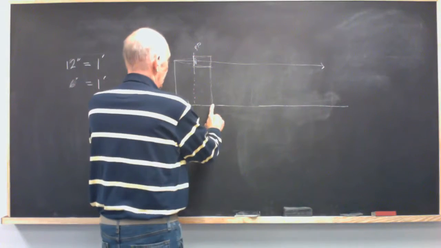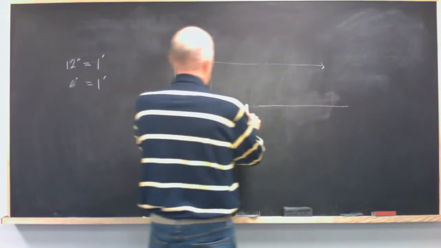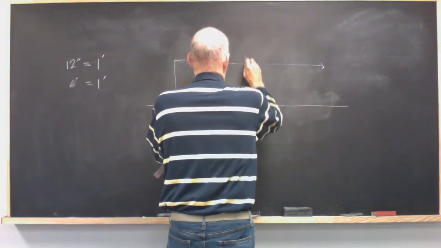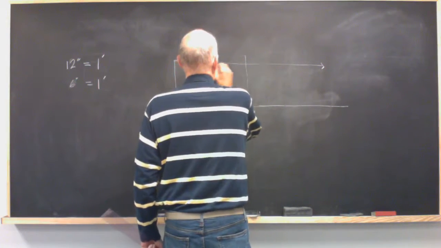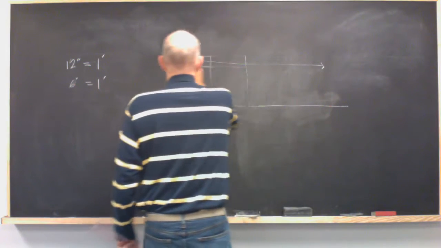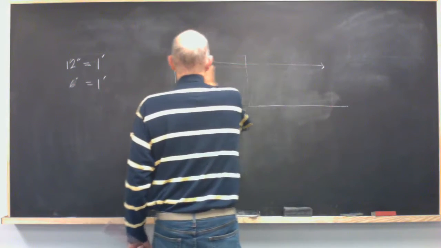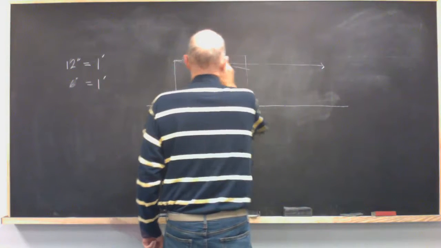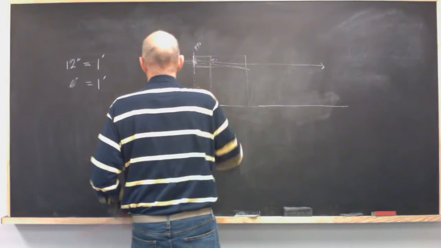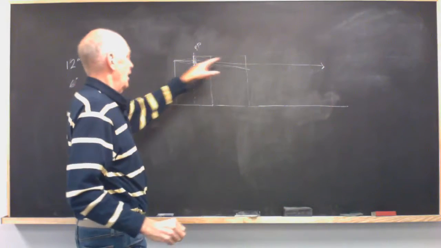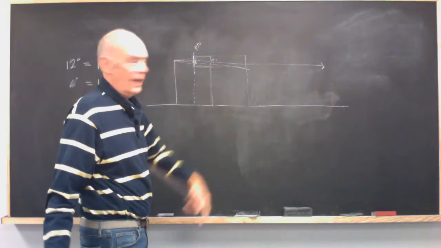If I now double this distance to here, and move that ruler out here, and I draw lines from the top and the bottom, this will be 3 inches. It'll look like it's 3 inches at that distance.